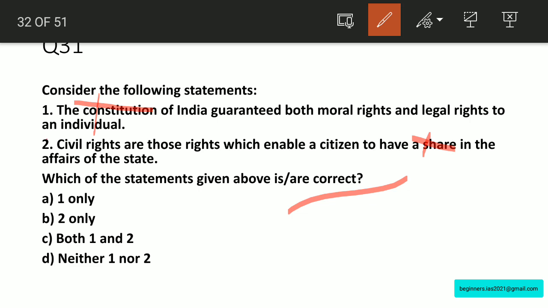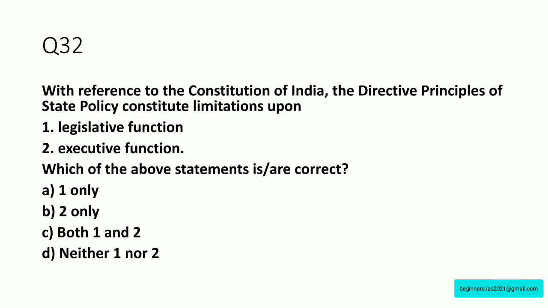Here it is mentioned as civil rights. Therefore this statement is wrong. Only political rights are those rights which enable a citizen to have a share in the affairs of the state. So both the statements are incorrect. We have to identify the correct statement. Therefore neither 1 nor 2 is correct regarding question number 31.